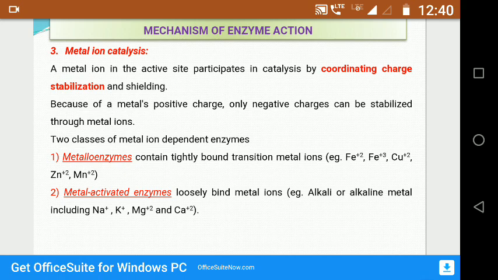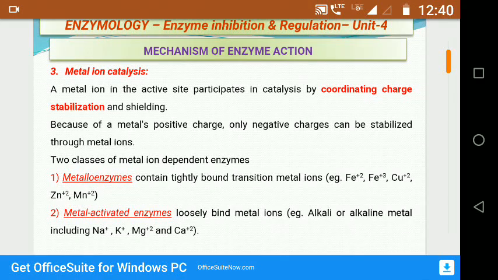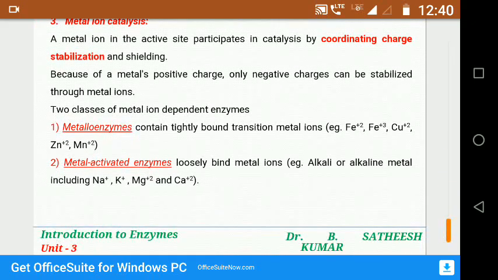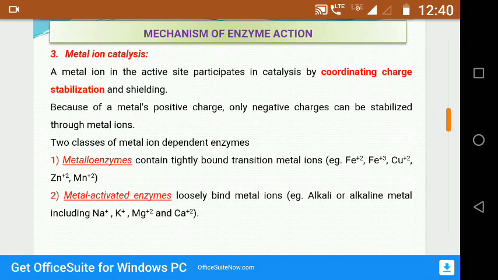And the next type of enzymes are the metal ion activated enzymes. Here the metal ion loosely binds the enzyme. These metal ions include potassium, sodium, magnesium, and calcium. So these kind of metal ions loosely bind the enzymes and participate in the catalytic processes.